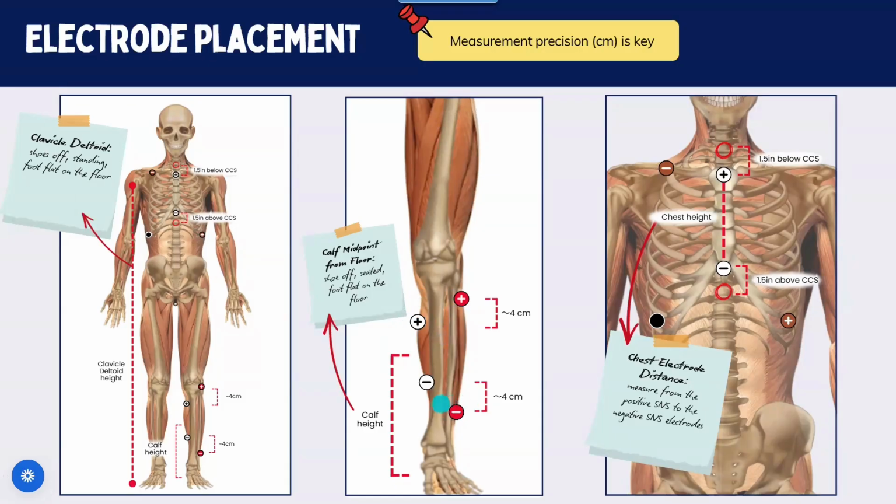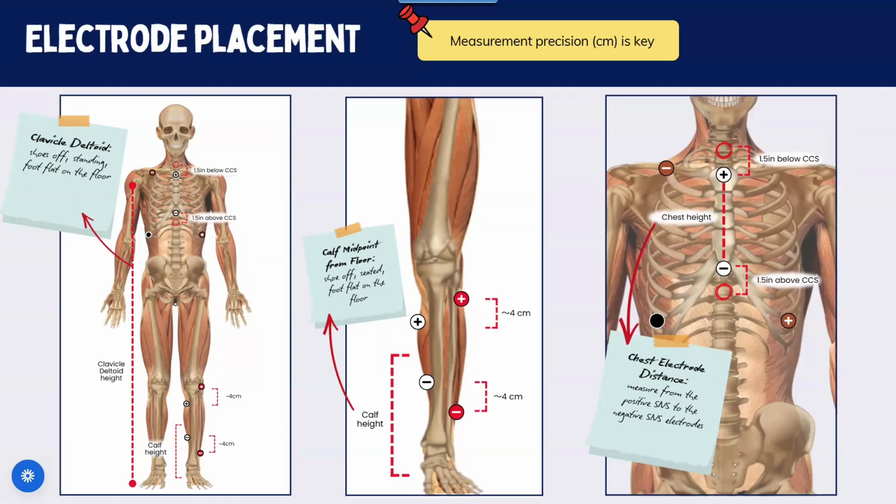And same with the negative electrode. You're going to want to go 4 centimeters up on the other side of the calf in order to give enough clearance for these electrodes sending the constant current to be picked up on this side. So again, these electrode placements are maybe in a new location, but follow similar principles to what you're used to.